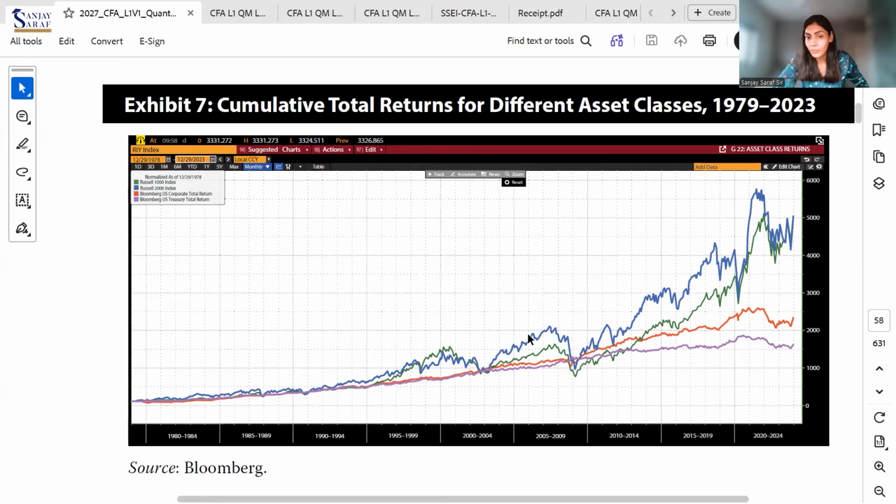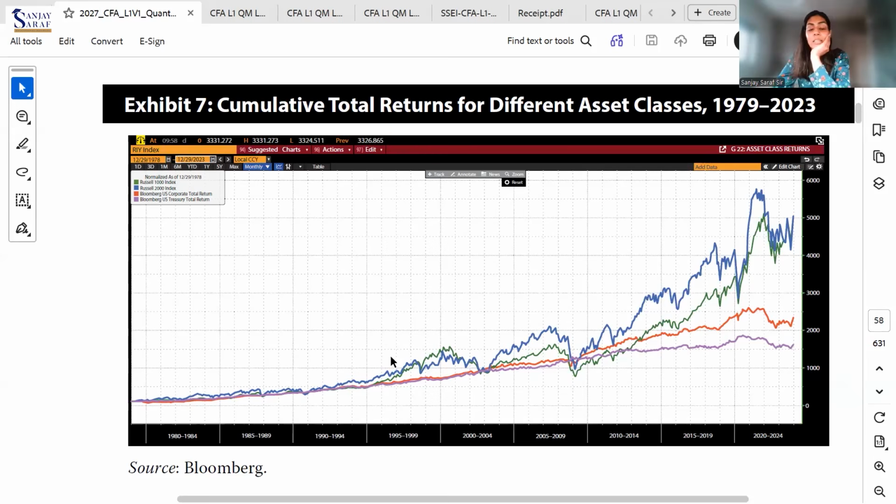One over here is the Russell 2000 index which is small cap stocks. तो लार्ज कैप जिनका मार्केट कैप बहुत ज्यादा है, स्मॉल कैप जिनका मार्केट कैपिटलाइजेशन कम है. And then the red is the corporate total return. So corporate bonds का रिटर्न है. और पर्पल वाला जो सबसे लास्ट में है, these are the government bonds.